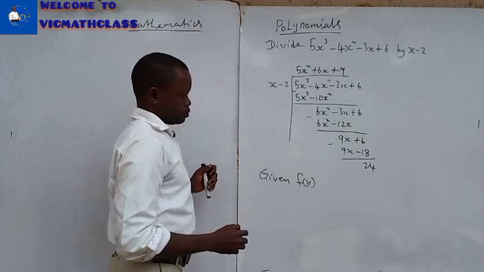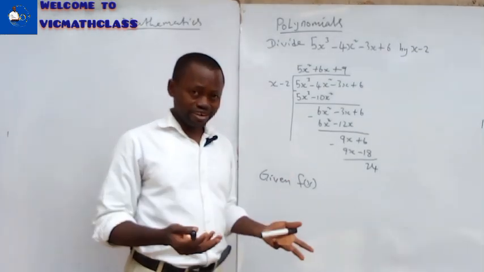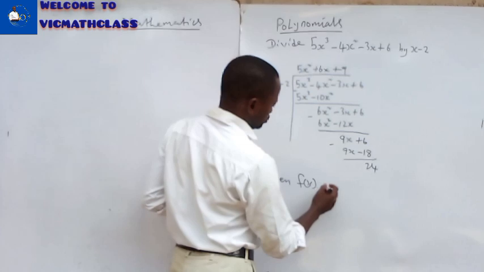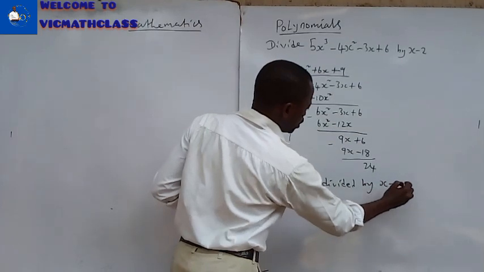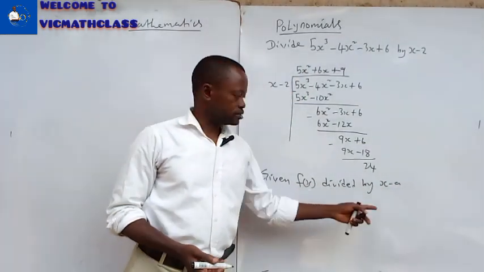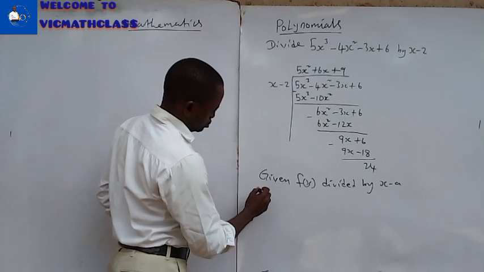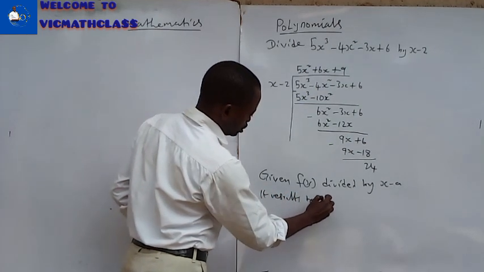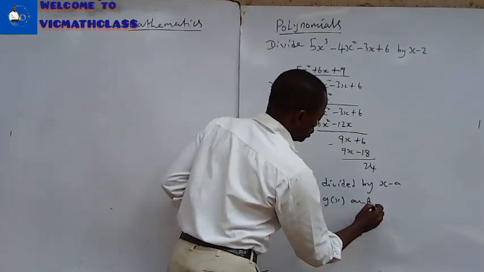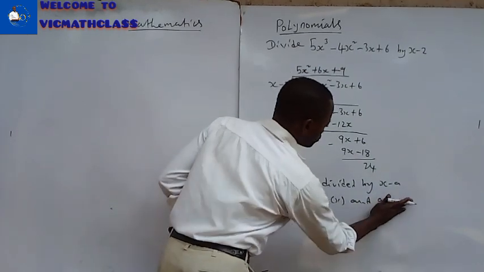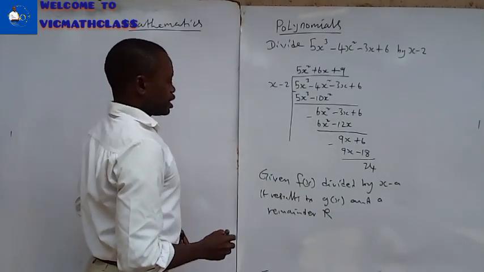f of x, that if this f of x is a polynomial of a certain higher degree, and it is divided by, take for instance, x minus a, you will obtain a g of x and a remainder r.